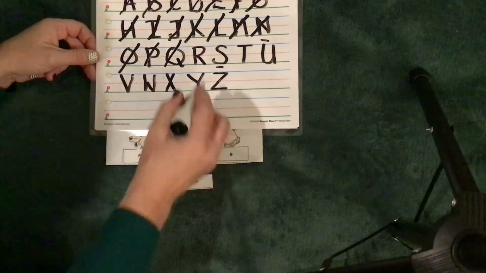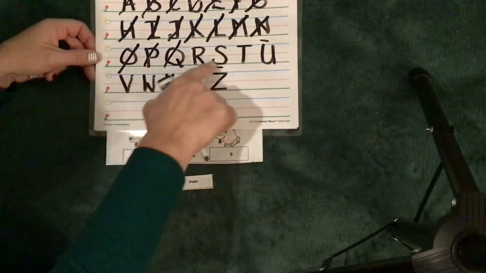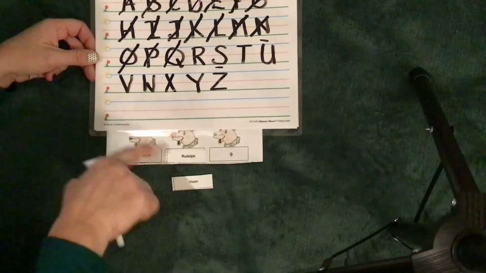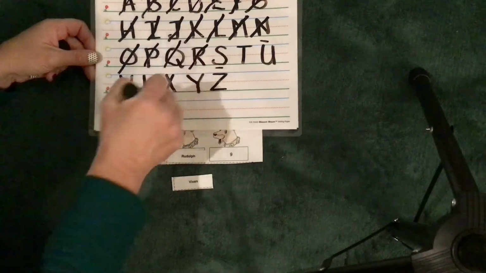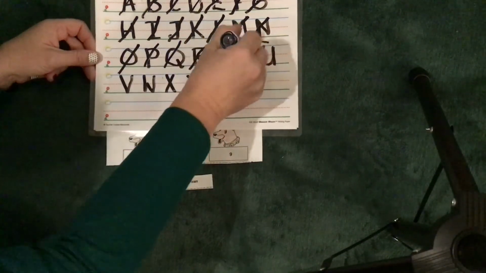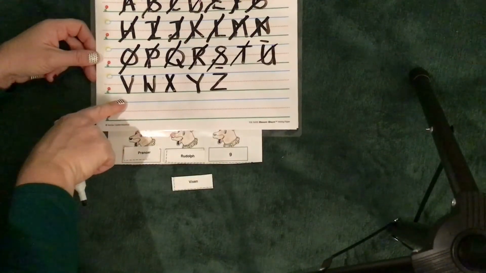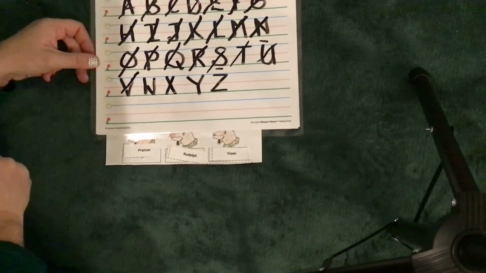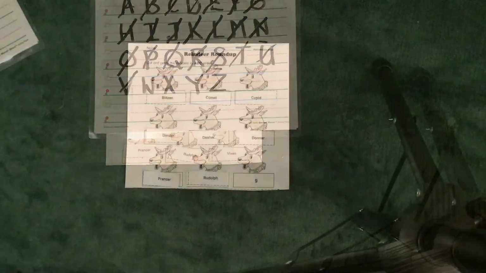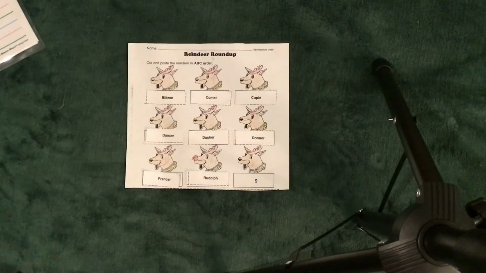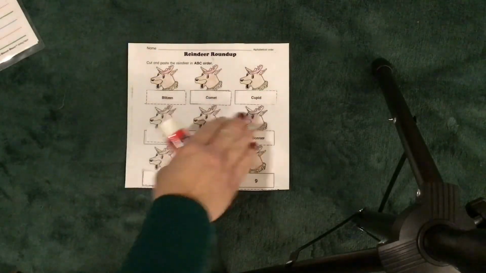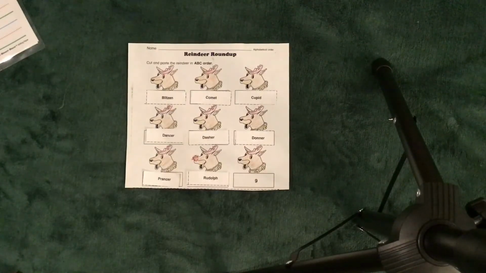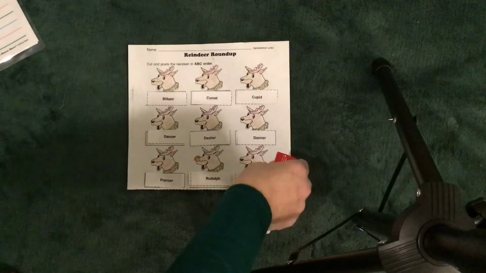But let's just make sure we know that V is going to come at the end after R. Yep, so S, T, U, then we get to V for Vixen. It goes next, and that was the last one in our alphabet. All right, so you're going to go ahead and start gluing on all of your names in order. And I'm just going to put on my last one, Vixen.